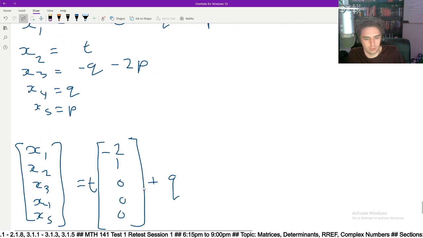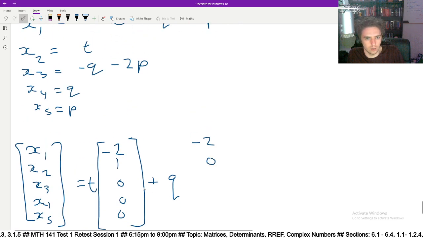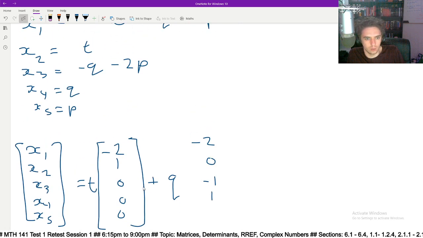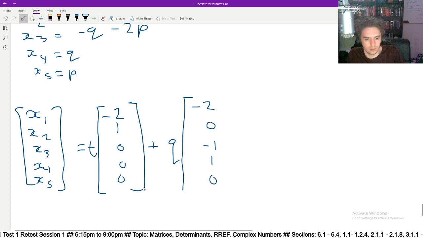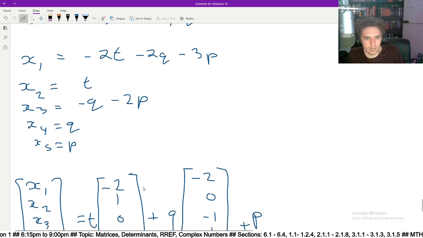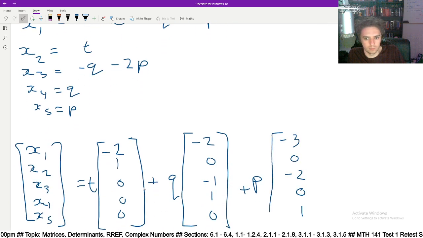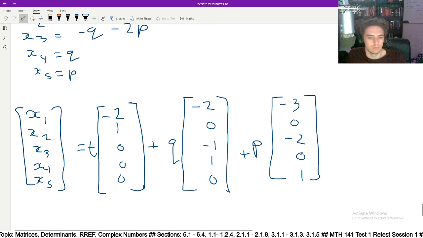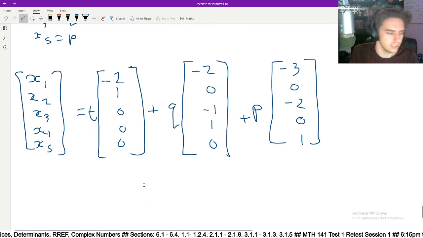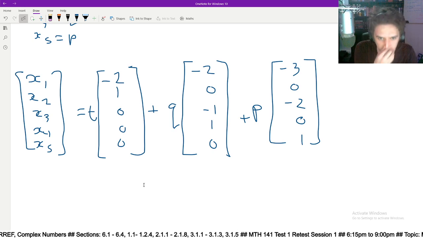So q times negative 2, 0, negative 1, 1, 0. Plus p, the last one: negative 3, 0, negative 2, 0, 1. And there you go. So that's the general solution written as a linear combination of the parameters.